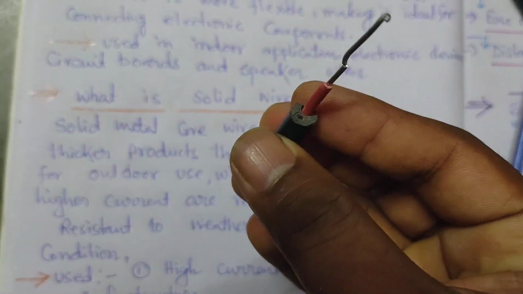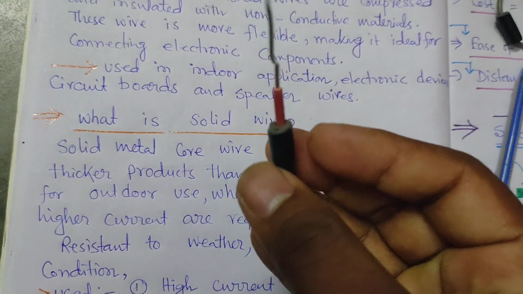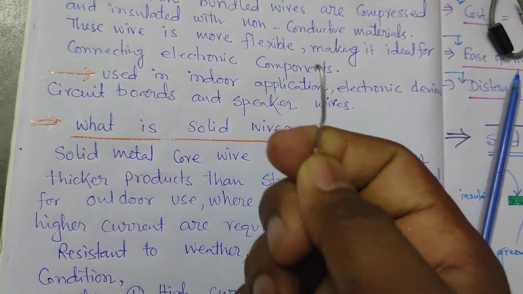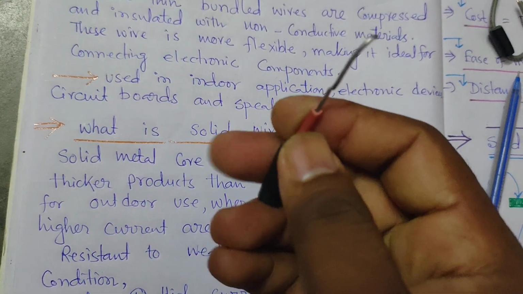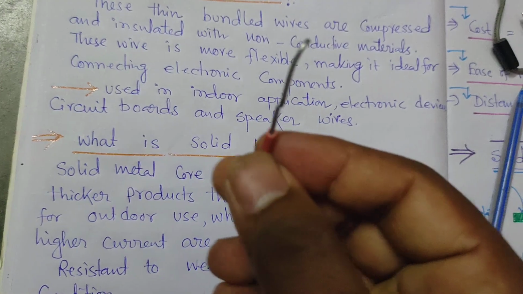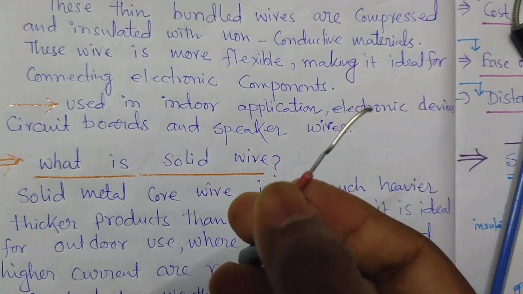So friends, you are seeing that the insulation is PVC insulation, and this is also PVC insulation, and inside the PVC insulation an aluminum wire is present.